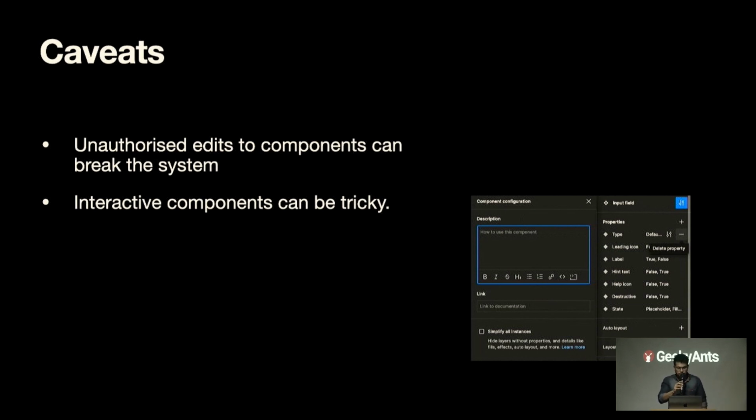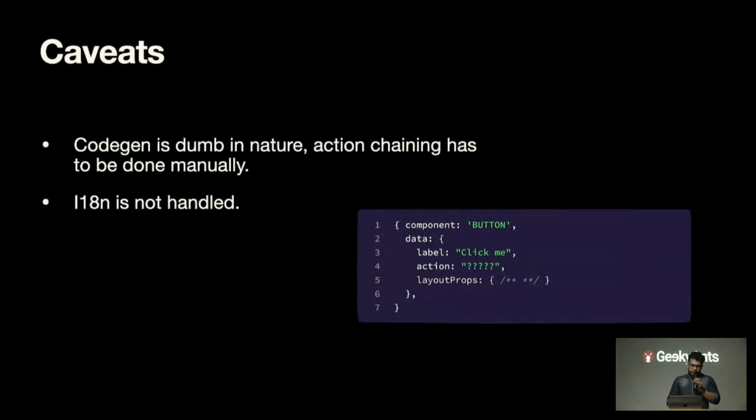So that will break the system, right? Interactive components can also be tricky because I maybe would not be able to generate an animated component. I might not be able to transpile it into the actual thing. So that's also tricky.